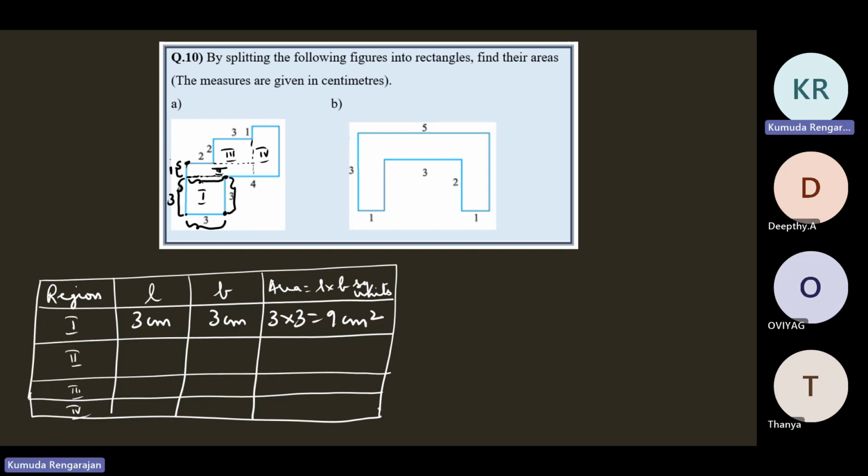Now, Deepthi, please continue. For rectangle 2, help me find the length and breadth of rectangle 2. And remember, rectangle 2 was only from, see, this is rectangle 2. Let me darken that region. This is rectangle 2.